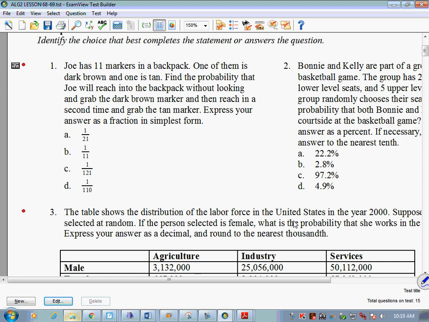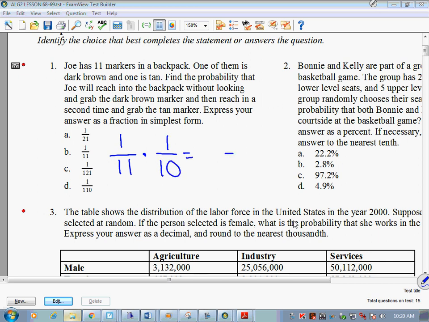So let's deal with one thing at a time. What is the probability that he can reach into his bag the very first time and grab the brown marker? 1 over 11. Good. Then after he's got his brown marker, he's going to reach in and grab that tan marker. What's our probability there? 1 over 10.